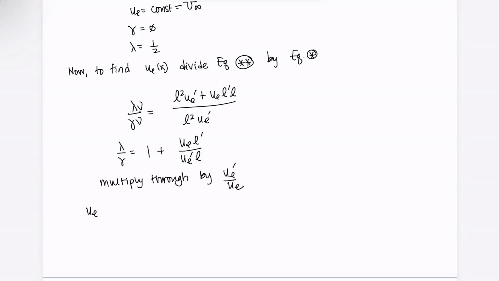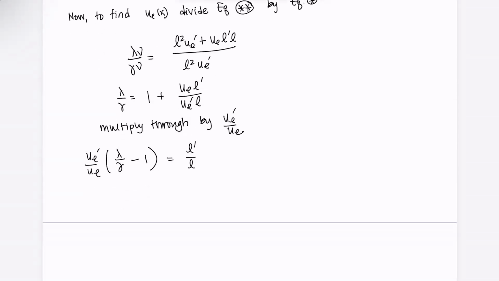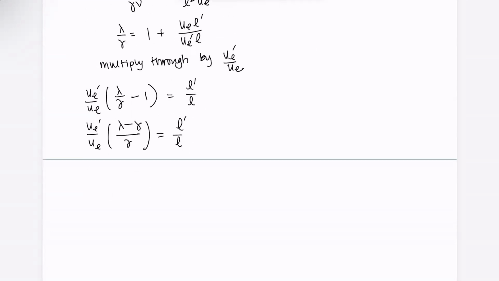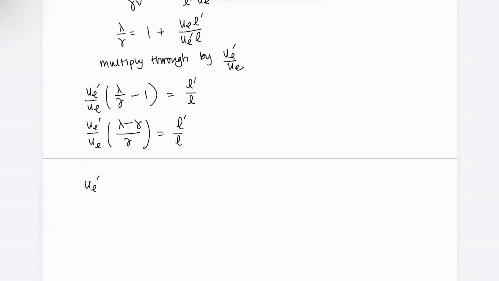So I have UE prime over UE, lambda over gamma minus 1 is equal to L prime over L. I can also write this as lambda minus gamma over gamma is L prime over L, and then I'm going to solve this so I have just UE prime over UE on the left-hand side.